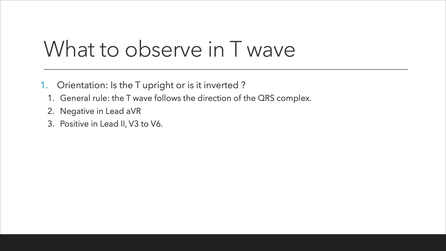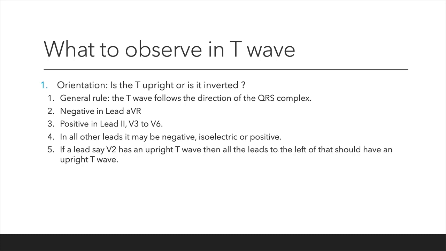At the same time, in leads 2 and V3 to V6, the T wave is normally always upright. So if you see negative T waves in lead 2 or V3 to V6, they are abnormal T waves. But in all other leads, the T wave could be normally negative, isoelectric or positive. So we cannot clearly say whether the T waves in these leads are negative, isoelectric or positive.